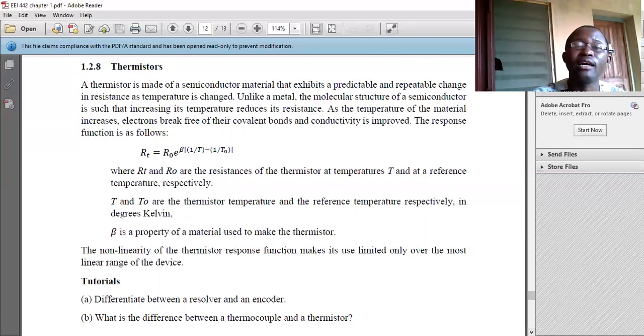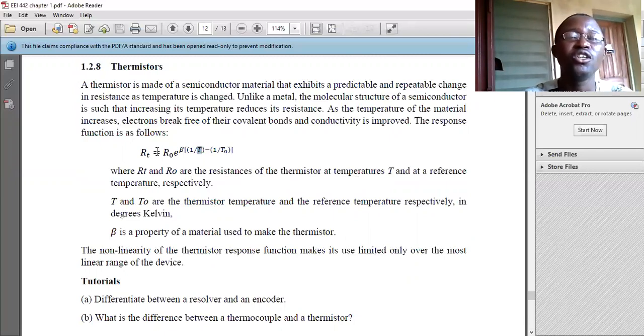And this is the formula that relates this situation in a semiconductor: RT equals R naught times exponential of beta raised to the power 1 over T minus 1 over T naught. RT is the resistance of the thermistor at a temperature T, the capital T we have here.